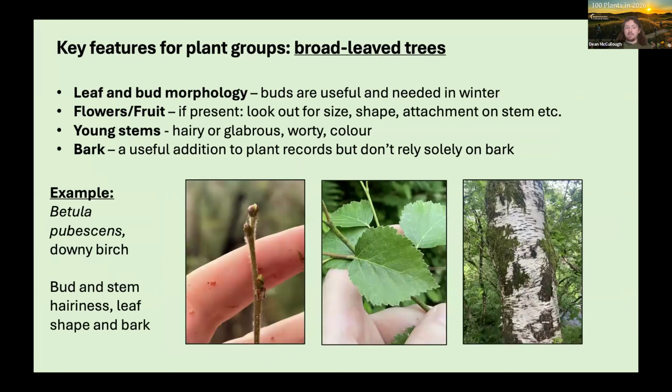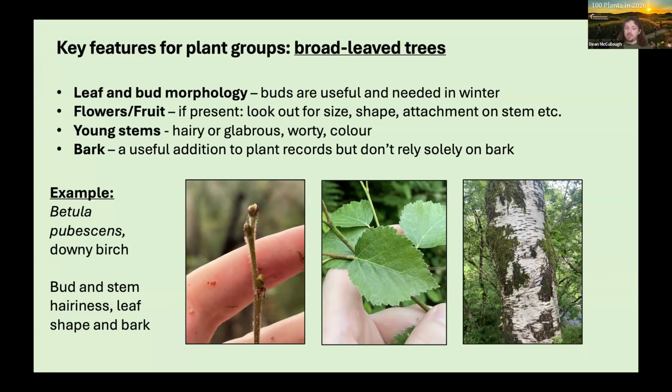Broadleaf trees, then. Again, leaf and bud morphology. The buds are useful and required in winter, as I said. And if you can ID trees in the winter, you can ID them any time of the year. Flowers and fruit, if present, because they're not always present. But you look out for size, the shape, how they're attached onto the stem.